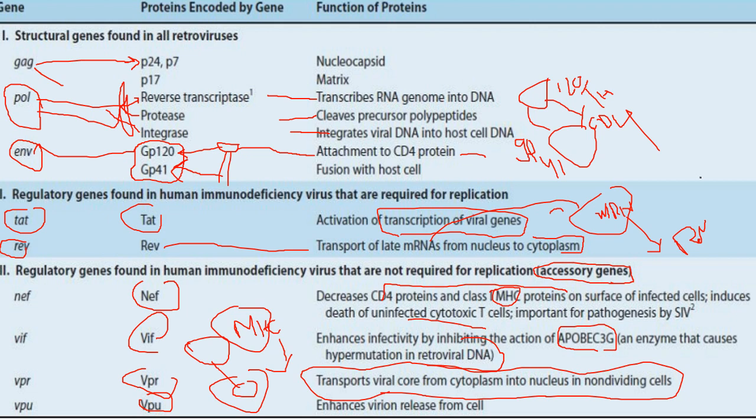They are CD4 positive cells. GP120 attaches to the CD4, and the secondary attachment is done by which glycoprotein? GP41.